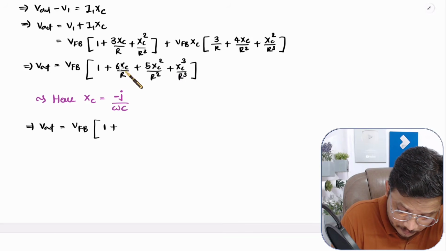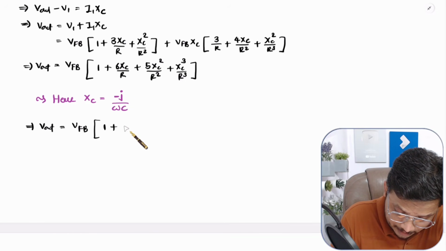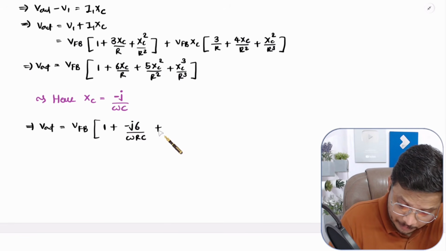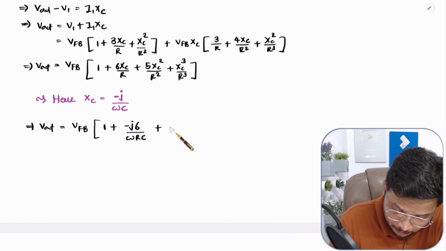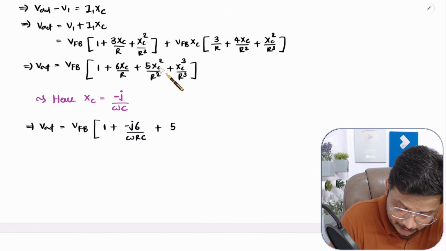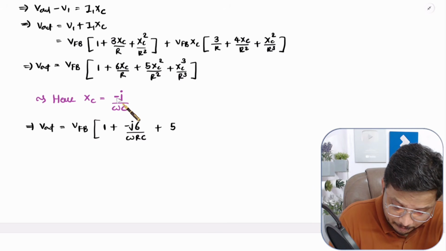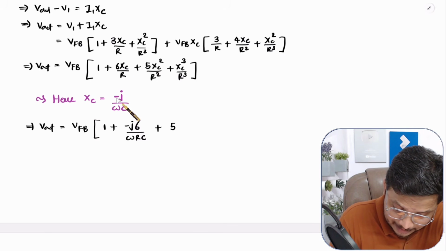So here with this term we will be having minus j into 6 divided by omega RC, plus with this term we have 5 over here, and Xc square, that is minus square, that is positive, then j square, that is negative again.